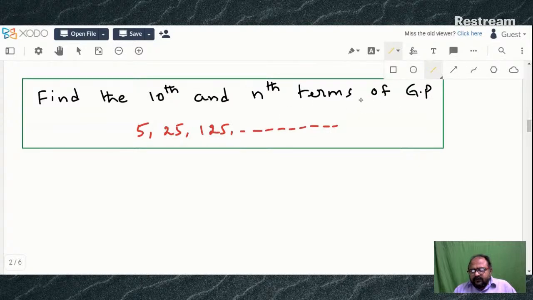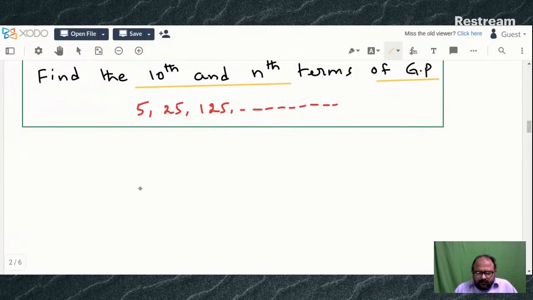That means the geometric progression procedure should be followed. You have to find the 10th term and nth term. This is the same model problem.